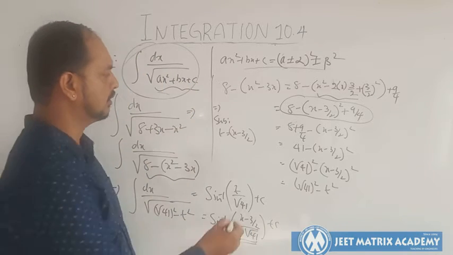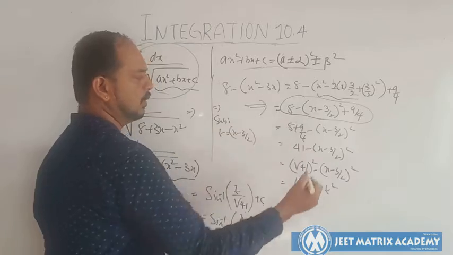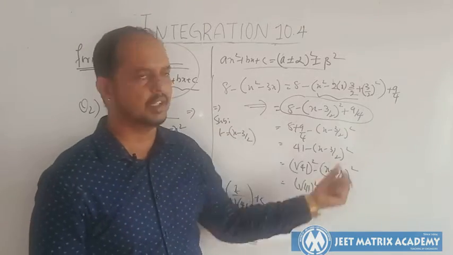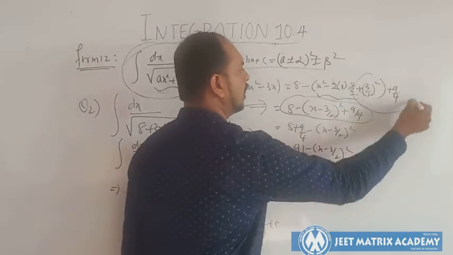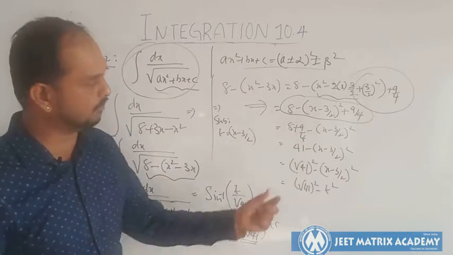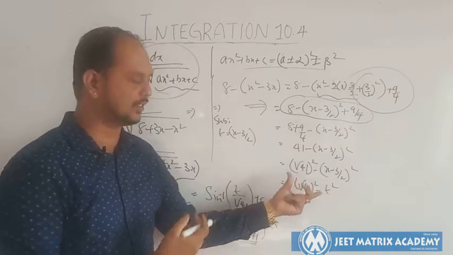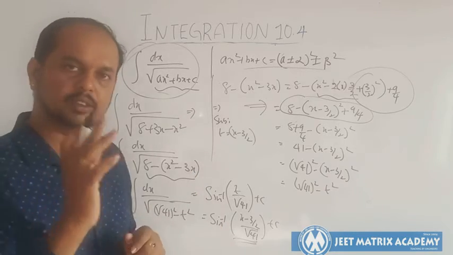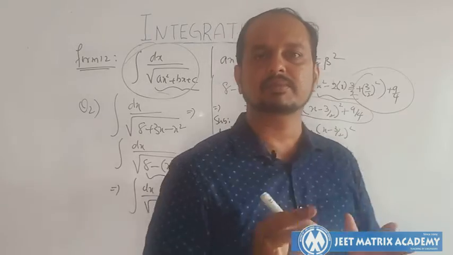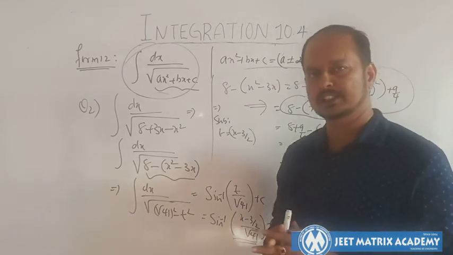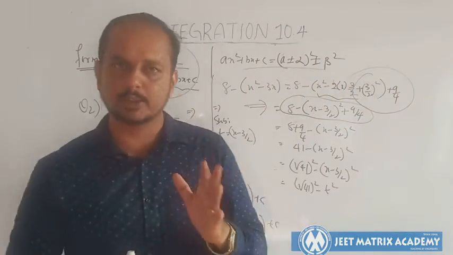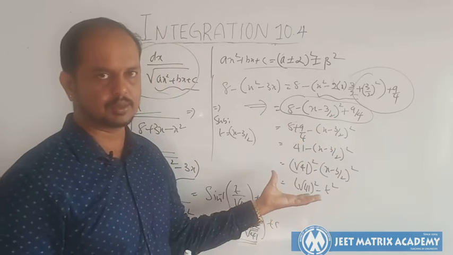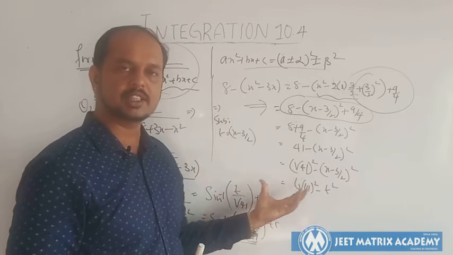So hope you understood how to simplify, and be very careful so you should not get confused. Do it again and again, be a master in this part. This will be the same as following the form and standard integration formulas. So you should be a master in simplification, and the rest of the things will be very easy.